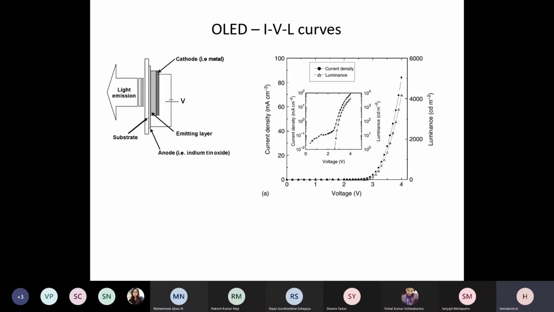Which means you can pick and choose the emission layer to try to enhance these properties, such as band gap, which modulates the color, and mobility of the charge carriers, which dictates how much luminescence you can achieve. And this is how you study in a laboratory setting by doing this IVL curve experiment.